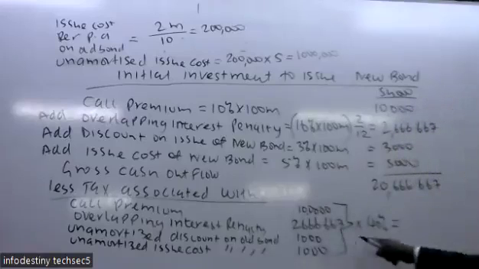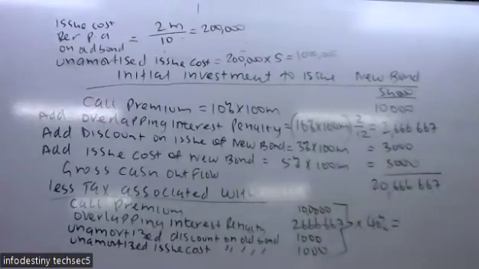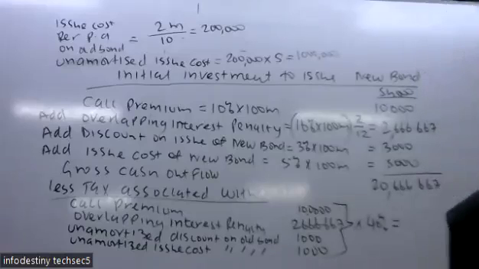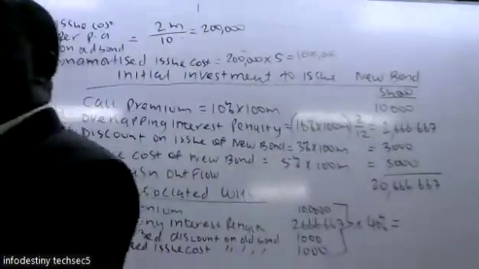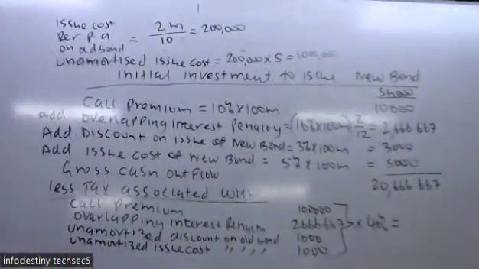So add them together, multiplied by 40%, so that we get the tax on those 4 items.